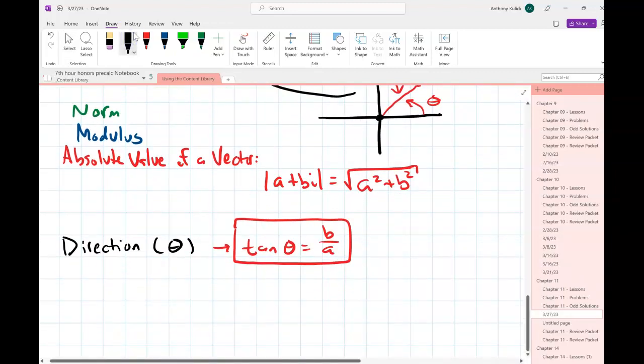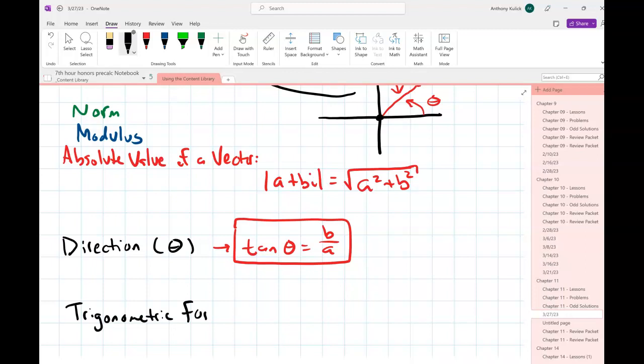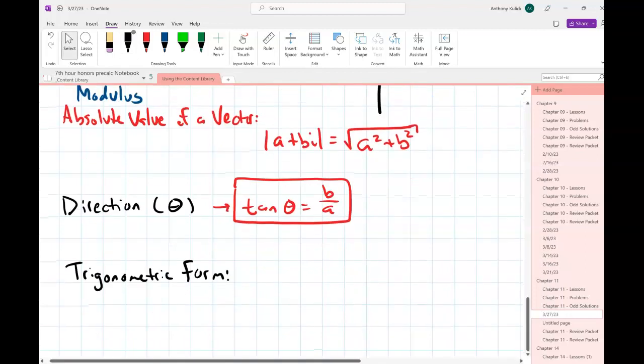So if I take those two, the absolute value of a vector and the direction of a vector, we can create a new way to describe our complex number.